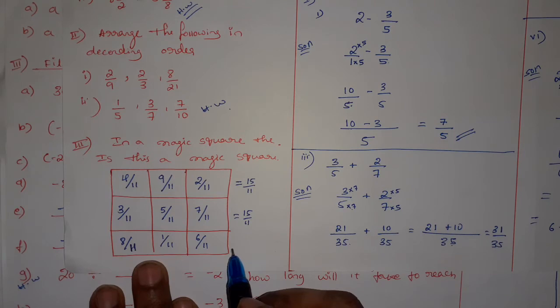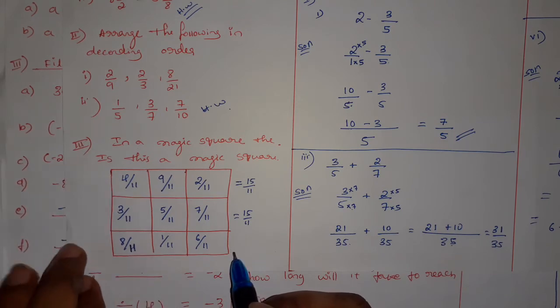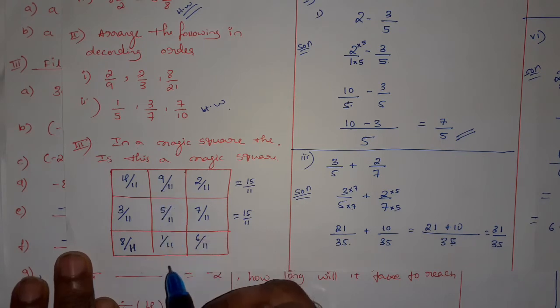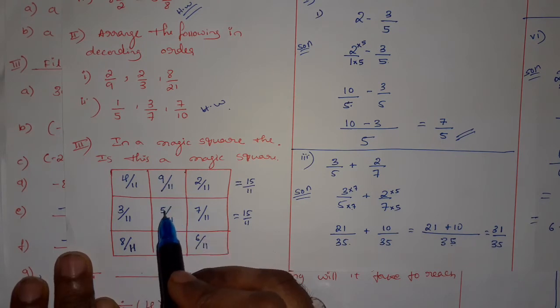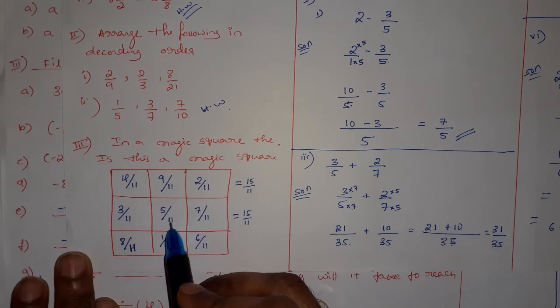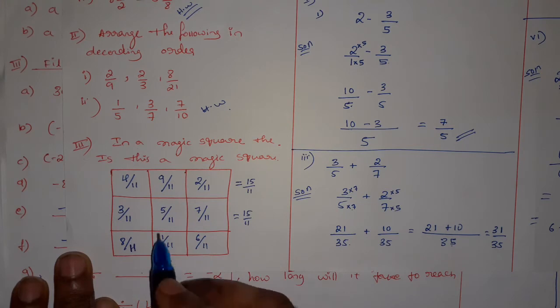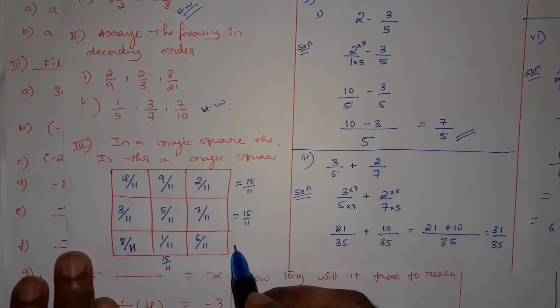Similarly you do this; the third row I will leave for you. The first column you calculate. I will show you just the second column. 9 plus 5 is how much? 14. 14 plus 1 is 15 by 11. So you calculate the first column and the third row also, and one diagonal I will calculate for you.